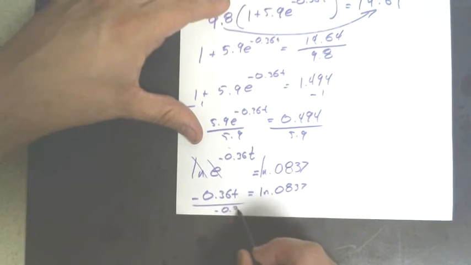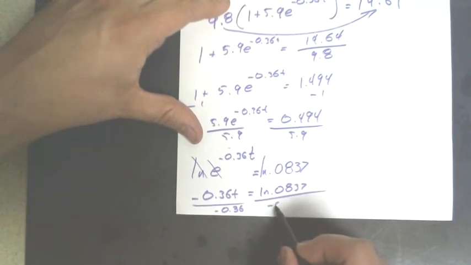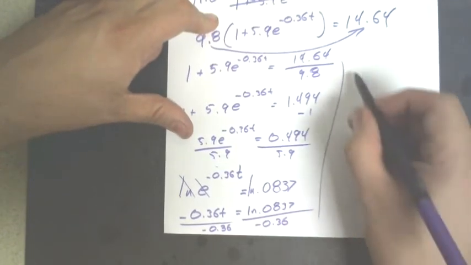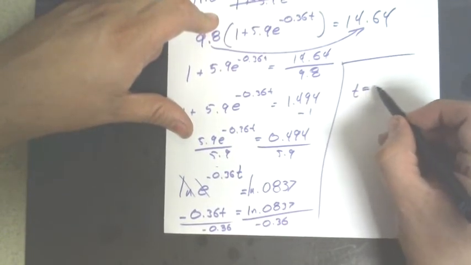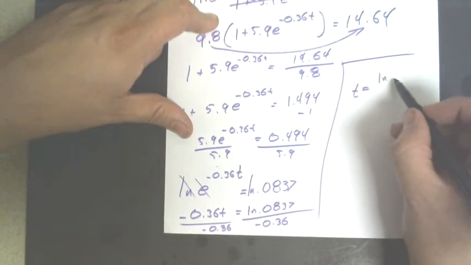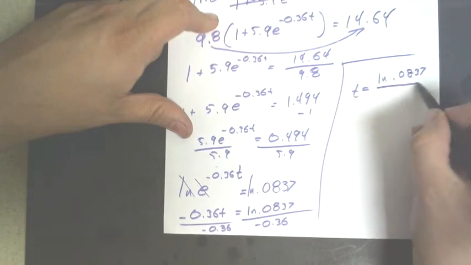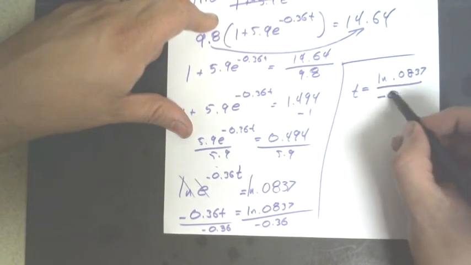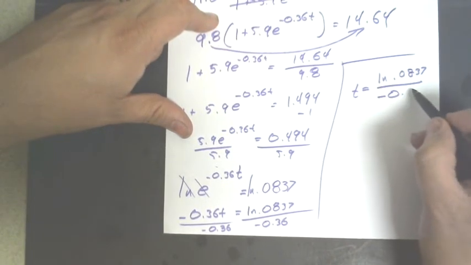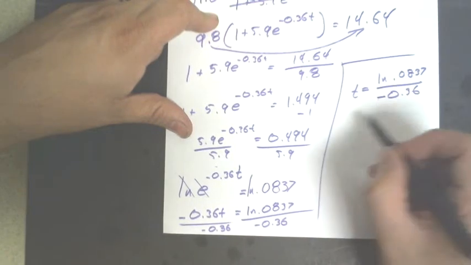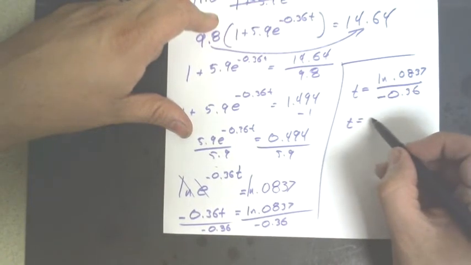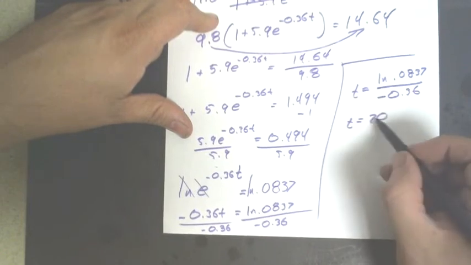Still trying to solve for that t. Divide by the negative 0.36. So we end up with t equals the natural log of 0.0837, which is going to be negative by its nature, divided by the negative 0.36, so the whole thing will turn positive, and we end up somewhere around 70.